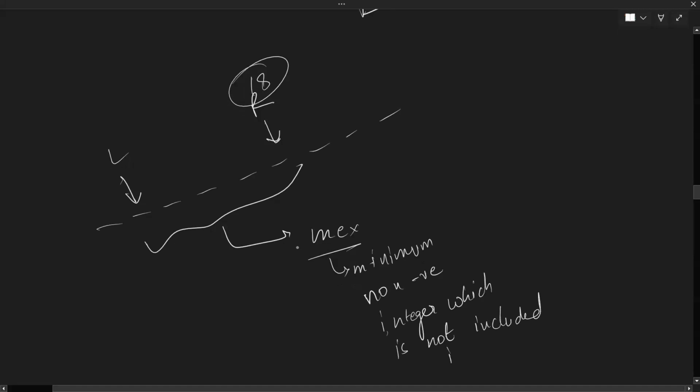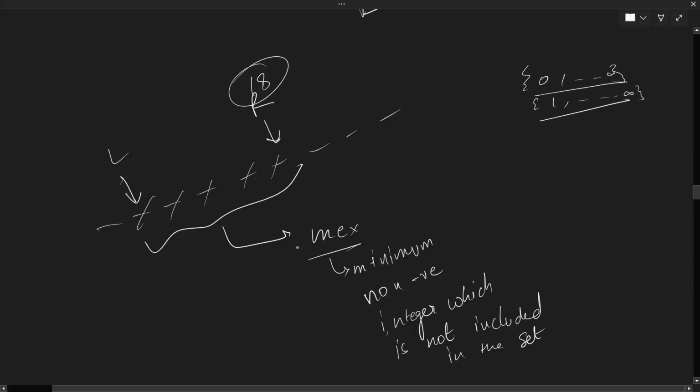So from L to R, let's say these are the numbers 1, 2, 3, 4, 5. For these 5 numbers, we need to find the minimum non-negative integer which is not included in this, right? And non-negative is different than positive. Non-negative integers are 0, 1 all the way up till infinity, and positive integers start from 1 all the way up till infinity. So these are positive, these are non-negative. This is the difference.